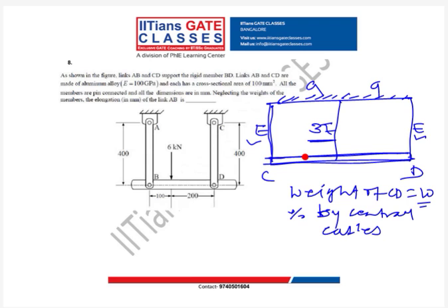The total weight of this rigid link is W. Now they ask the percentage of the weight carried by the central cable.